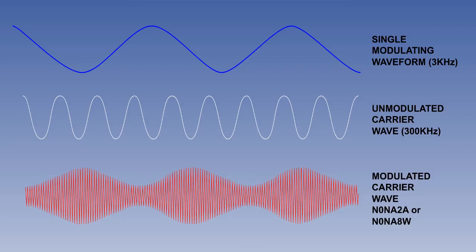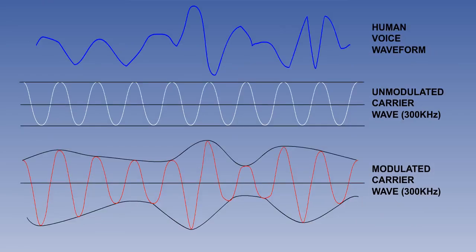Where the modulating waveform is constant in amplitude and frequency, as we have just looked at, it is designated N0N, A2A or N0N A8W. The N0N refers to the continuous carrier wave, and the A2A relates to NDB ident transmissions, while the A8W relates to ILS ident transmissions.